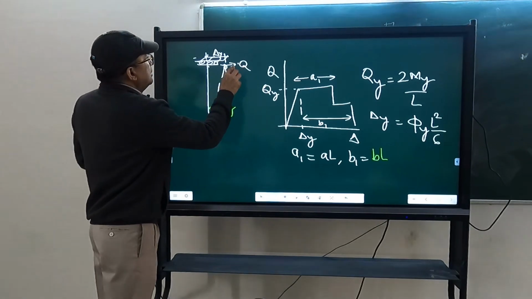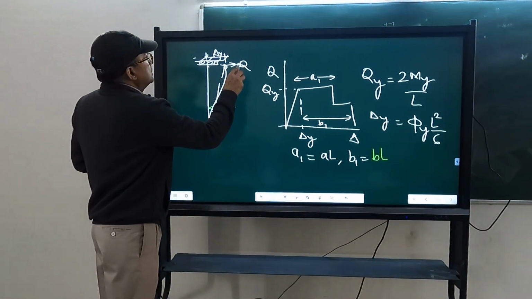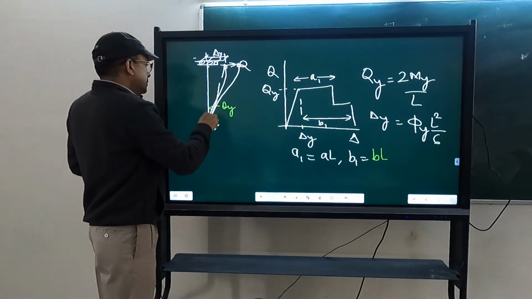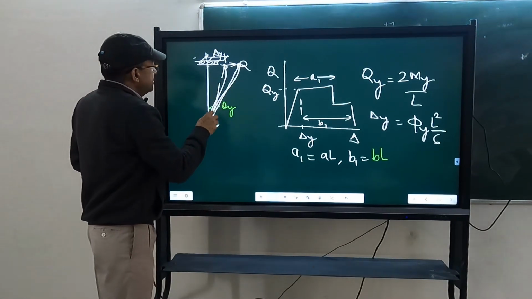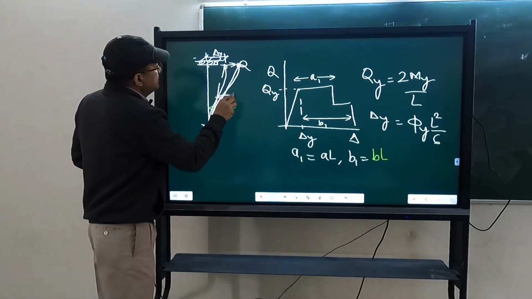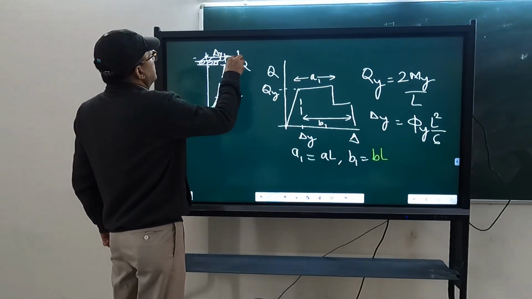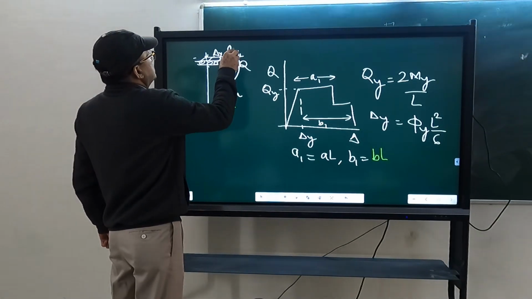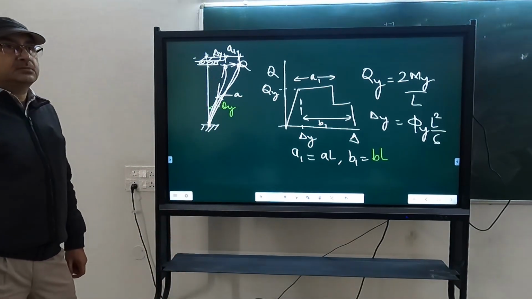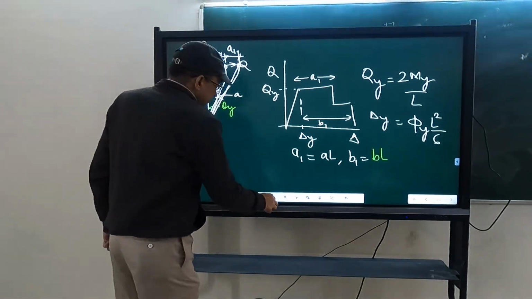The whole thing will deform further, so that this additional angle here, this is A, and then this is A1. What will happen further?